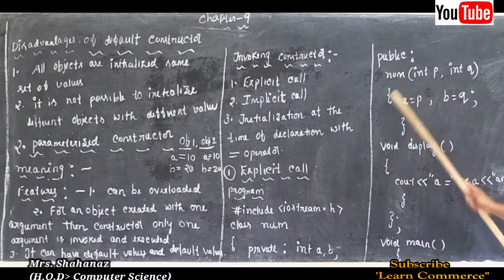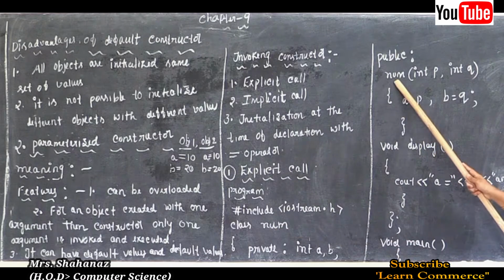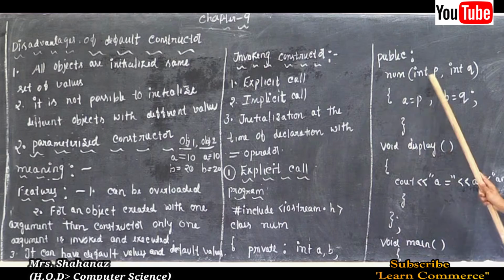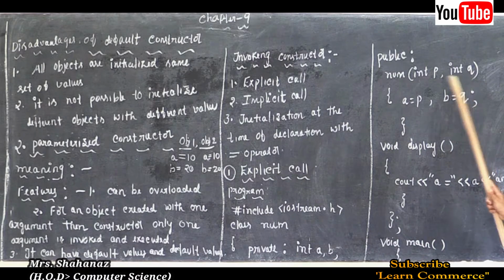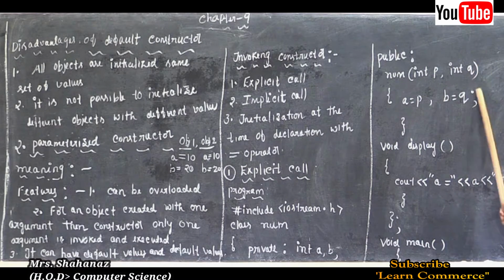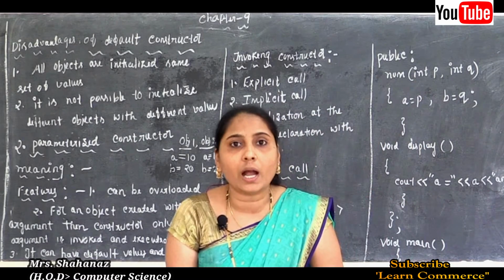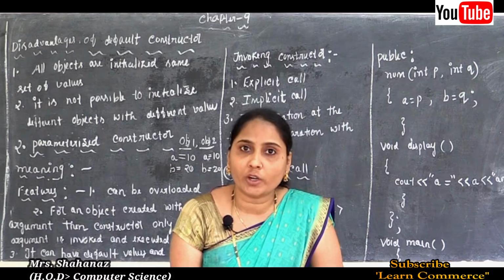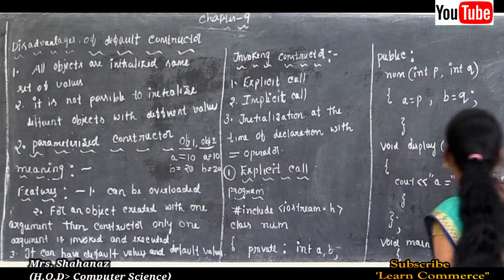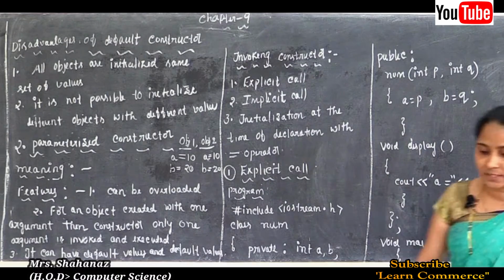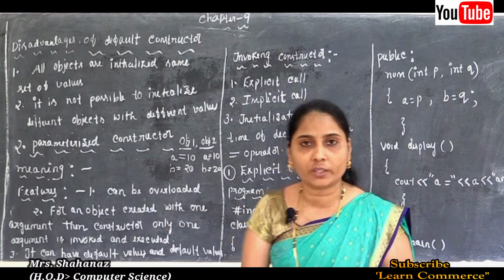The class name and the constructor name should be the same, so I used the constructor and class name num. Here there are arguments, int p and int q, within the parentheses, so it is not a default constructor. A default constructor does not use any argument within the parentheses.